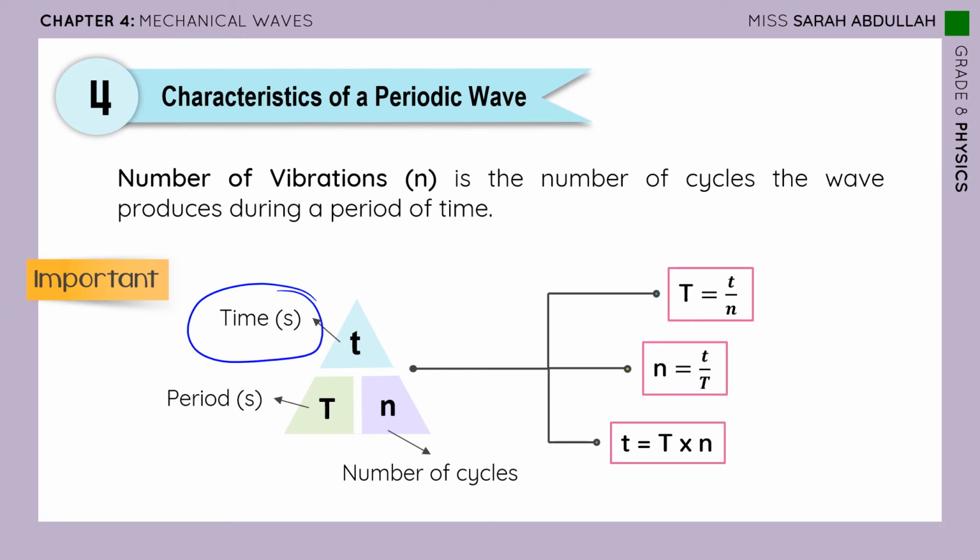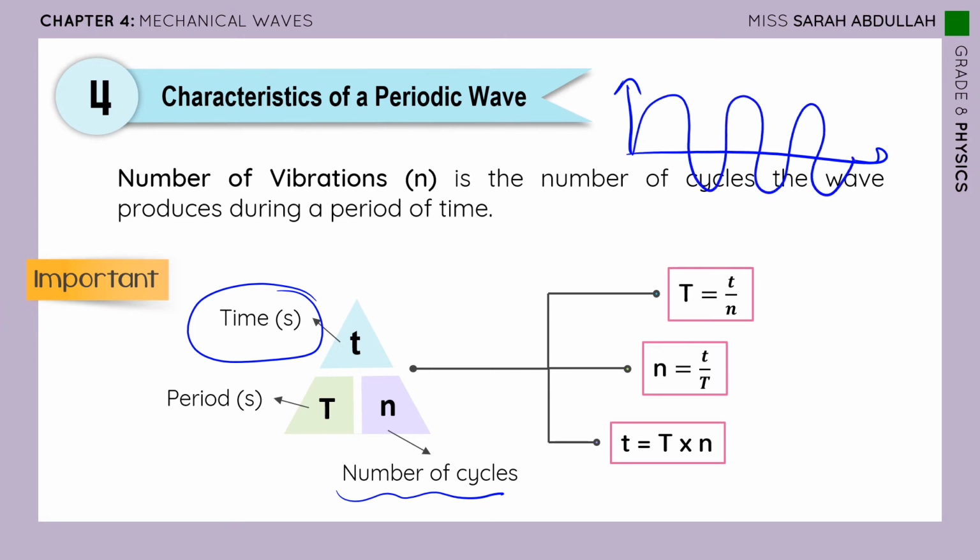What is the time that I'm talking about, and what is this number of cycles? I'm going to draw it here. Let's say I have this wave. You can see this is time. What if they gave us this time, t, and I need to find the period? So I have this time and I have the number of cycles that are happening.